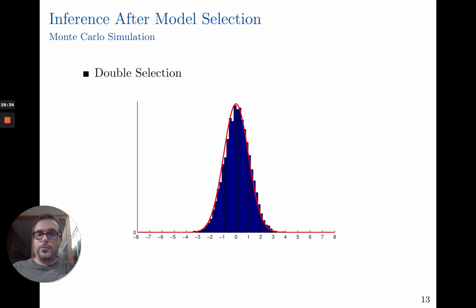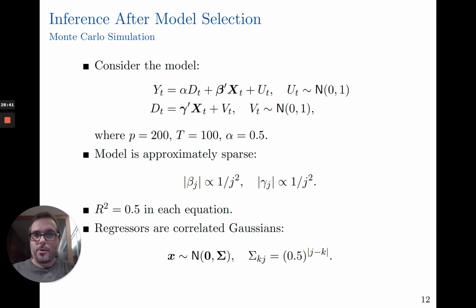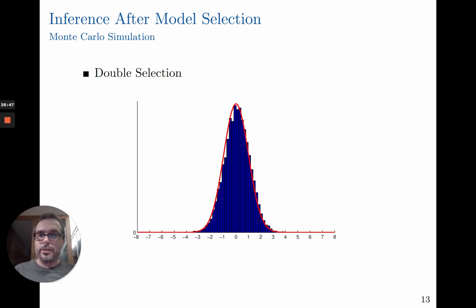And what they show is that when you do double selection, the empirical distribution of the estimate for alpha is the blue histogram, and the theoretical value that's Gaussian is the red line. So you see that it's right on spot.